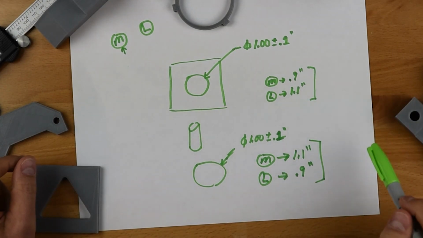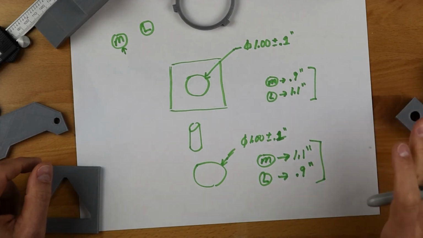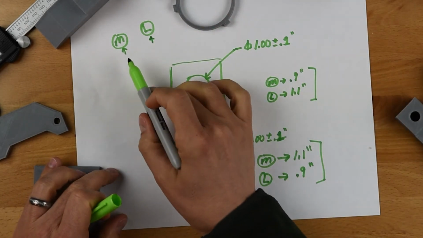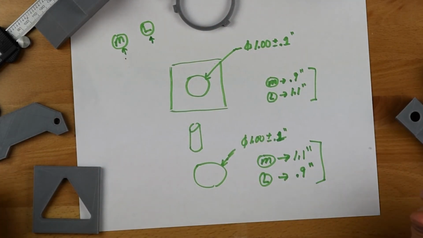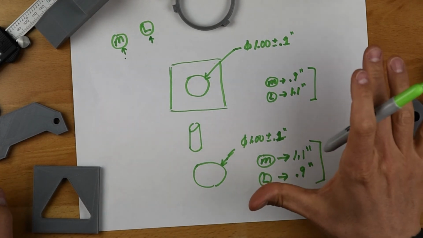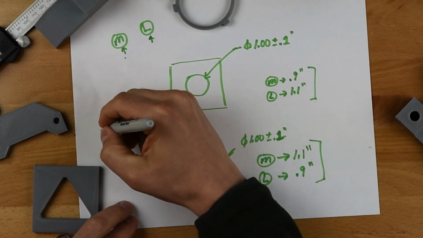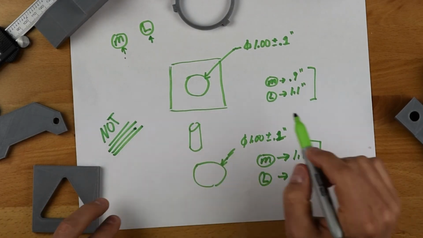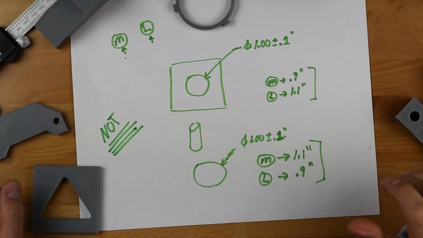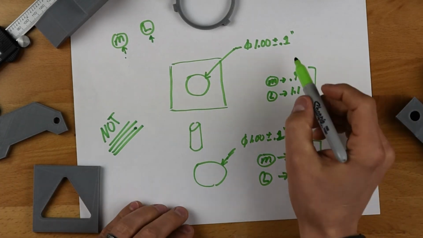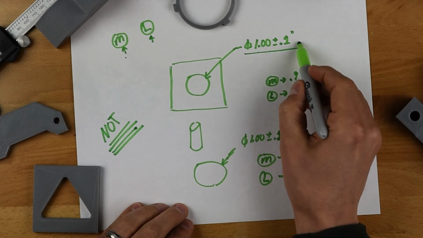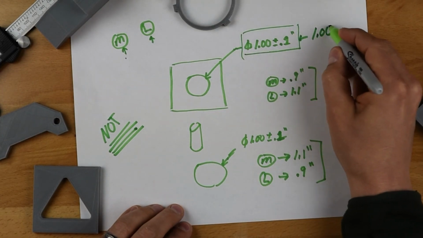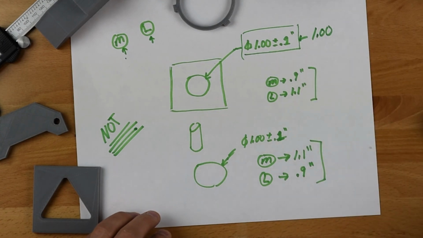What you have to understand, and this is the biggest, most common mistake that I see when employing material condition modifiers, whether it is maximum or least material condition, is that this is not the condition at which the part is built. When this hole is produced, the desire is that it is nominally produced at 1 inch.